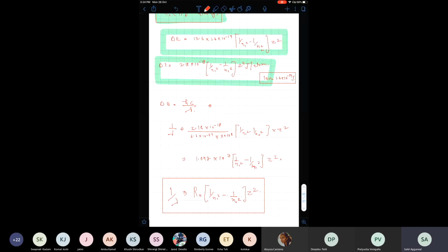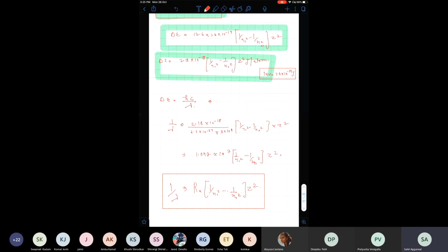Same things we are applying in different methods and we are getting different formulas. Understood, all of you? So this will be your wavelength, and you can say wave number. You can also say wave number.